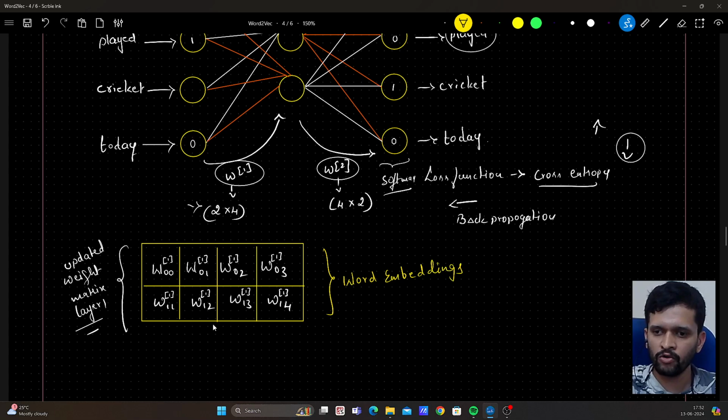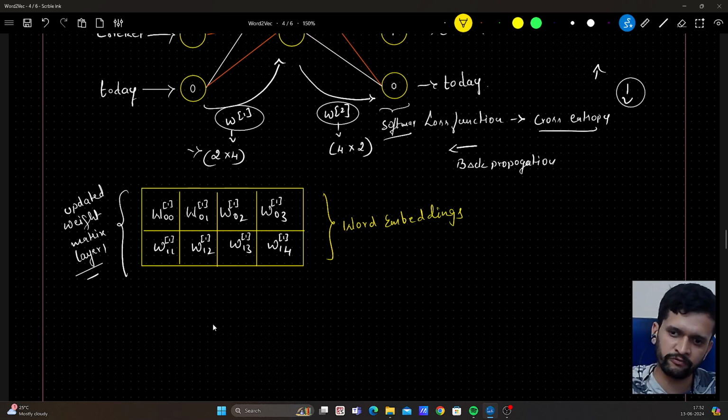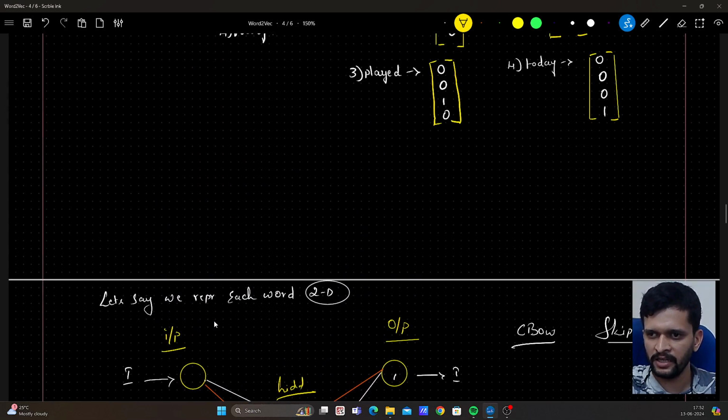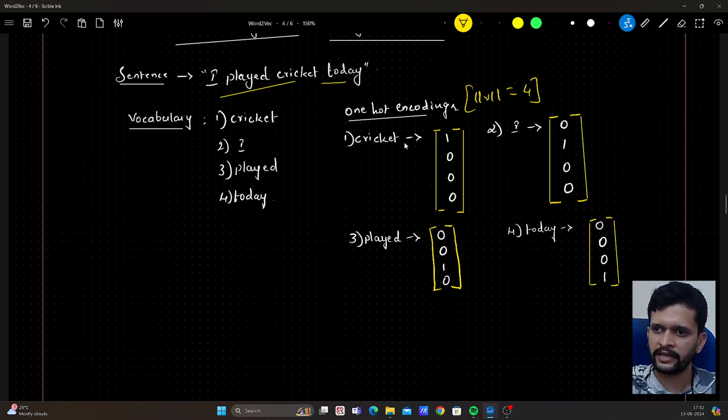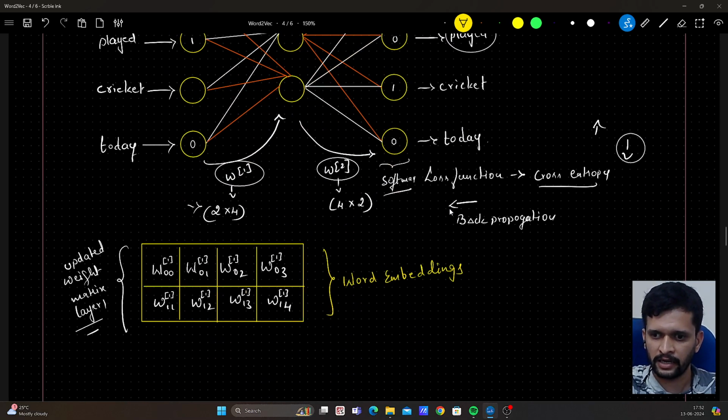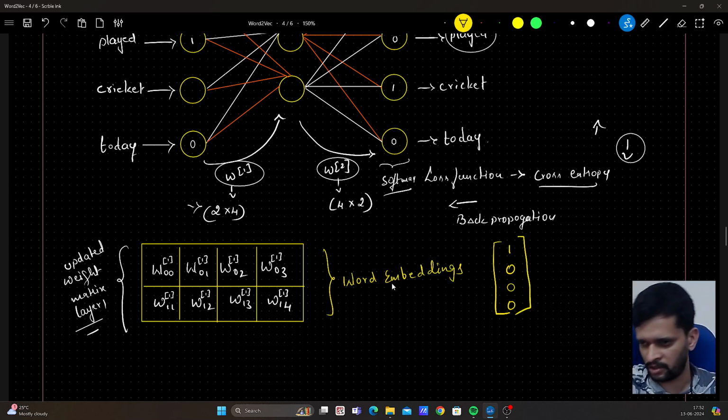So how do you obtain word embeddings for each of the words? In our vocabulary, I have 4 words, right? Cricket, I, played, today. So what I will do, I will take this one hot vector and multiply it with this particular weight matrix. Cricket has this representation, 1 at the first position and remaining positions are 0.